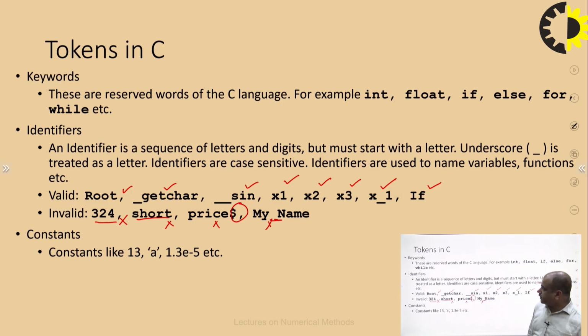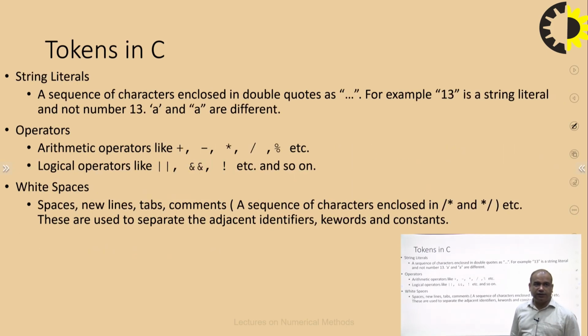Next, the third token is constant. As we see in mathematics, constants are also there in C. A value like 13, a character, this exponent, all are constants. Next, string literal. A string literal is a sequence of characters enclosed in double quotes.